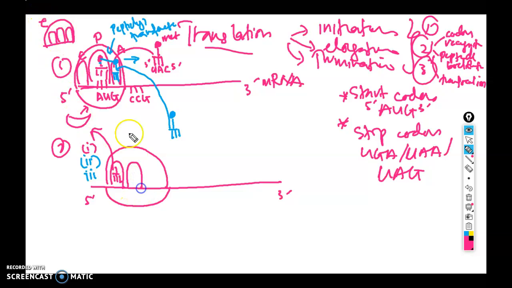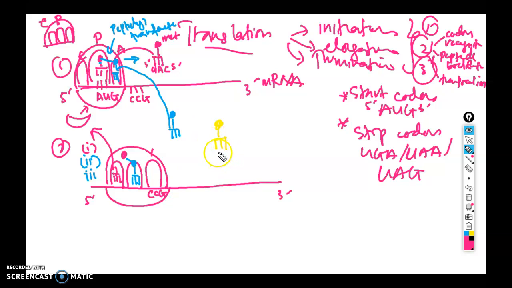Then the P site is now occupied by the tRNA from the A site tadi, that carries the polypeptide. Sebab tu kita kata this is the P site for the polypeptide, and the A site will be empty to receive the next tRNA with an amino acid, for example CCC, we have CCG.